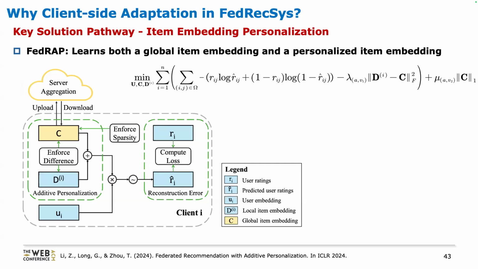The clients only exchange updates to the small sparse global core, drastically cutting the communication overhead. At the same time, each device retains its fine-grained user-specific offsets locally, preserving the rich personalization benefits of pFedRAC without its prohibitive memory and bandwidth costs.